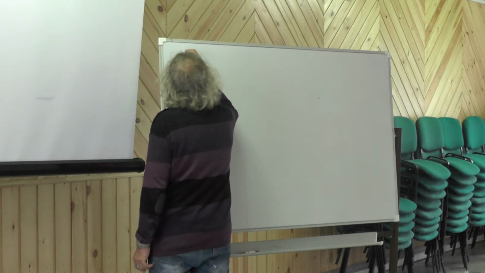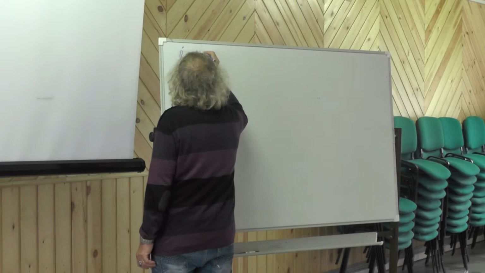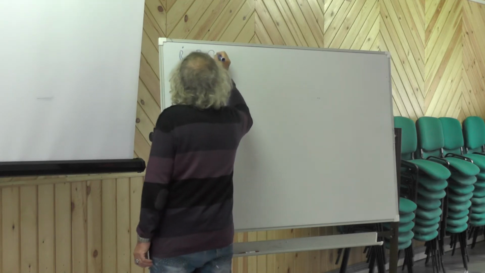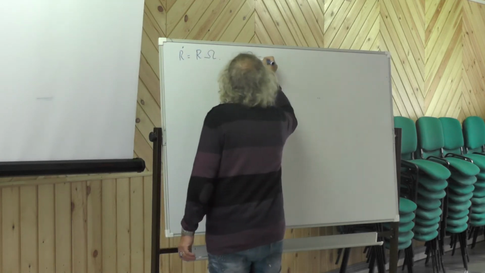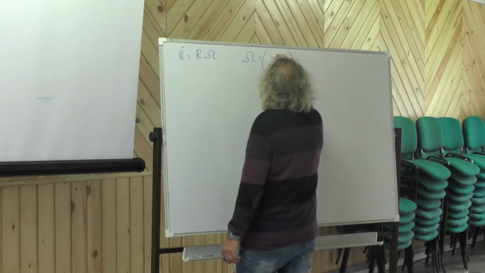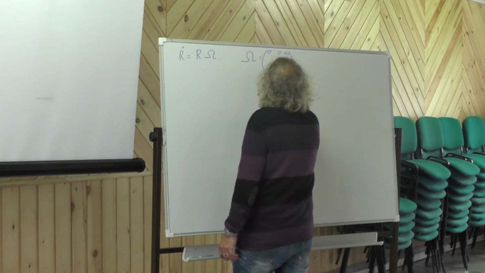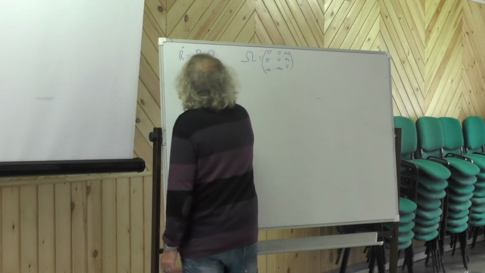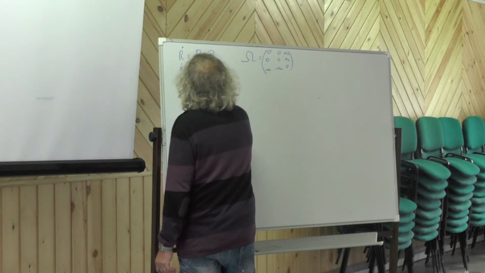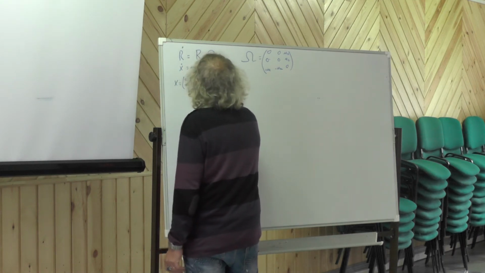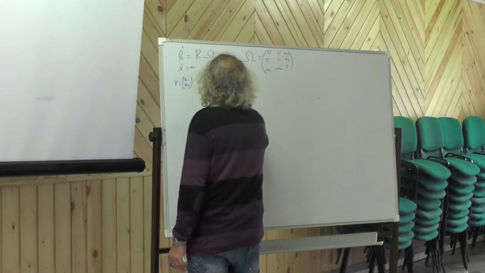The equations are like that: R dot equals R omega, where omega is a skew-symmetric matrix with entries U1, U2, 0, minus U1, minus U2, and x dot equals U. X is x1, x2, and U is U1, U2.